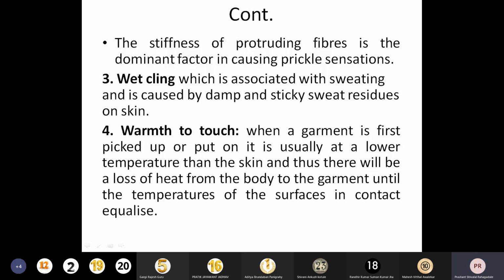Now why? Because this raised surface gives lower contact area. Now why is this happening? Because when that raised surface comes to your skin, it will give you less or lower contact area and hence a slower rate of change of temperature.